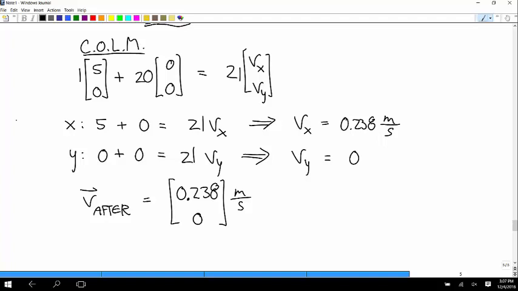From the x equation here, it's 5 divided by 21. Is that wrong? That's 21 divided by 5.